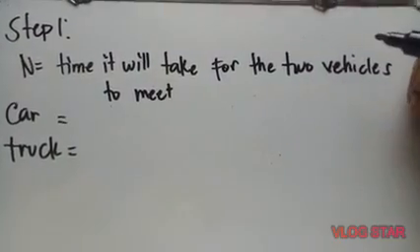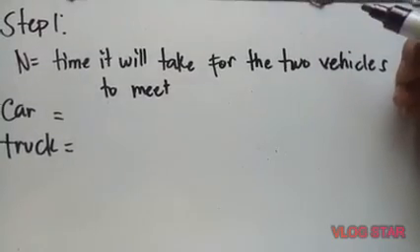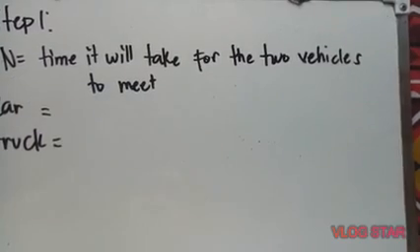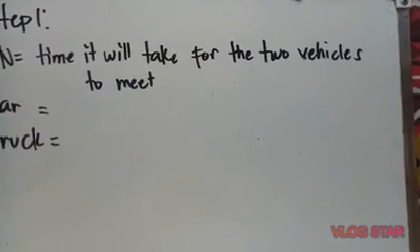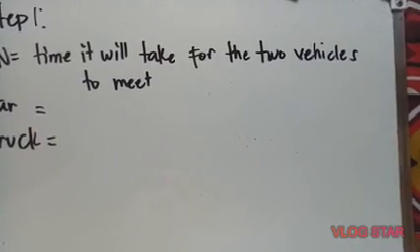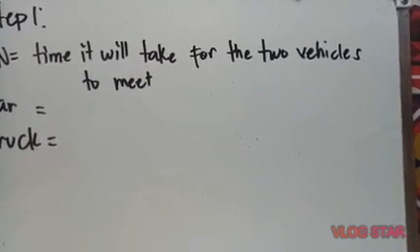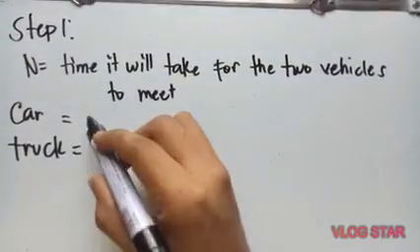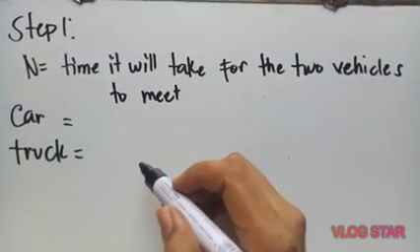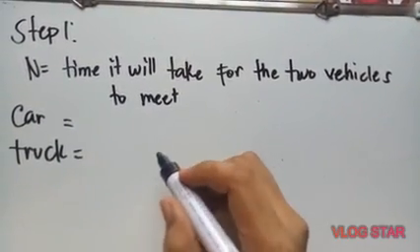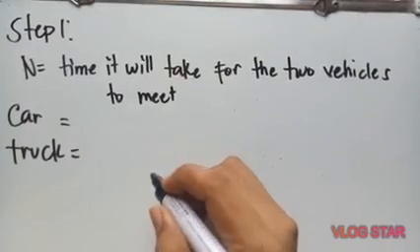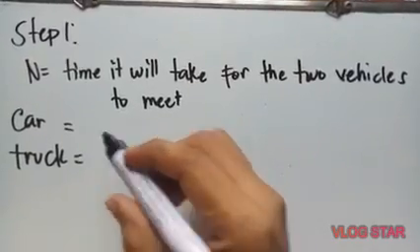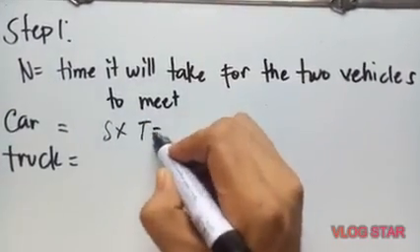So the first step is we will represent the unknown in a variable by writing an algebraic expression to represent the distance traveled by the two vehicles. For the car, since distance is equal to speed times time, we can write it as speed times time.